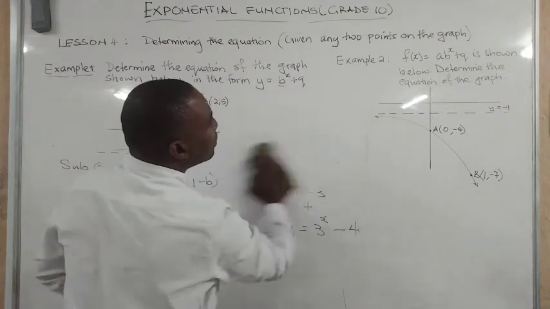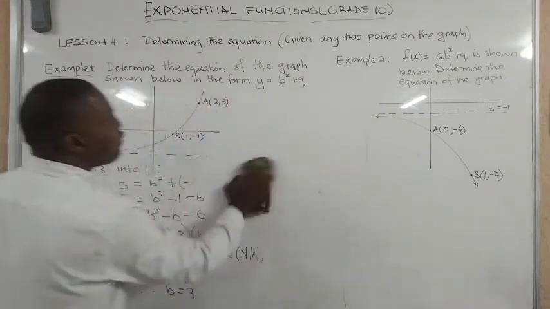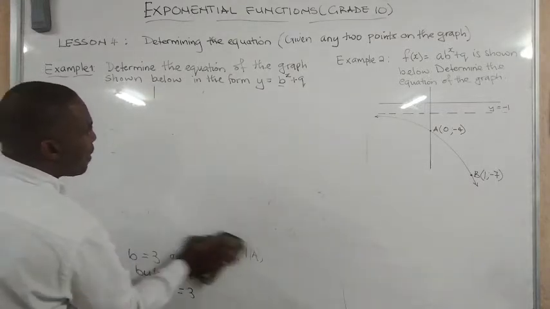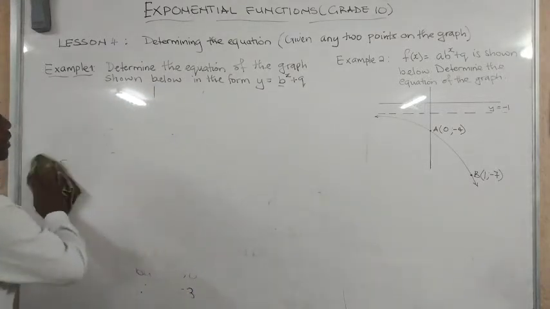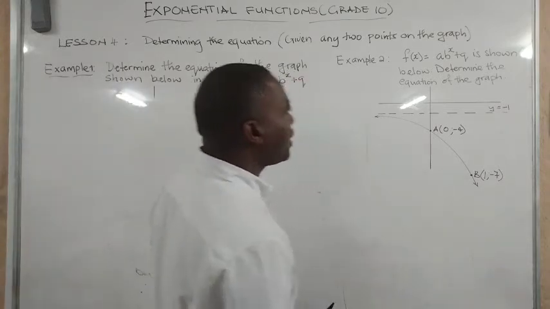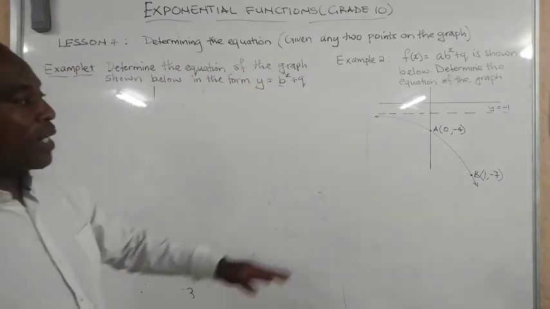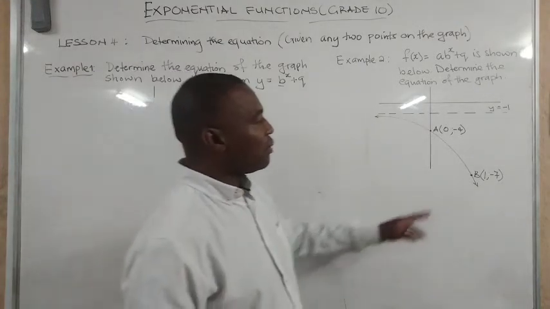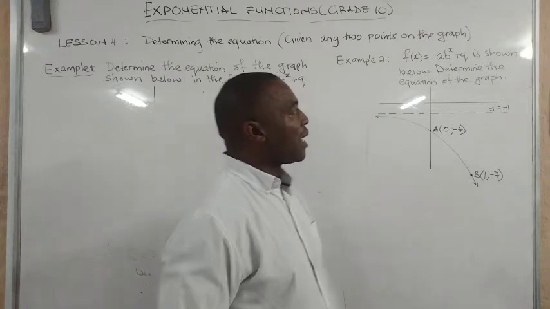All right, let's look at example number 2. f of x is equal to a b to the power x plus q. That is the one that is drawn below, and the question is find the graph. We are given 2 points, but then in addition to this, we are given the asymptote.